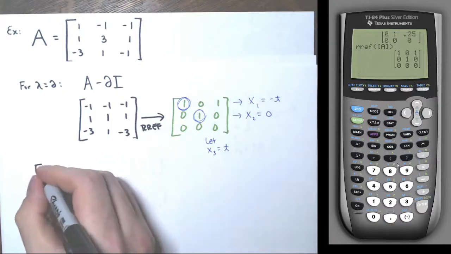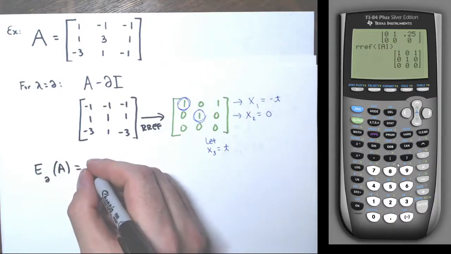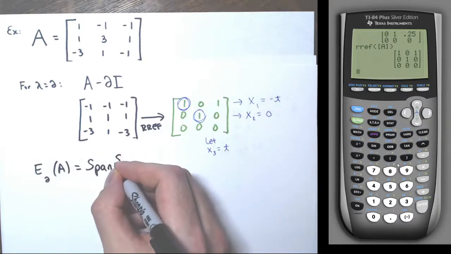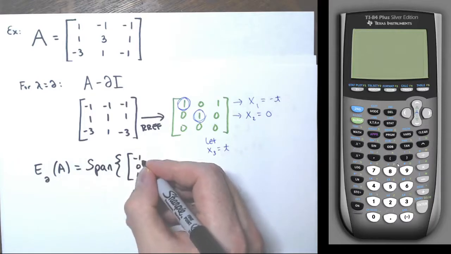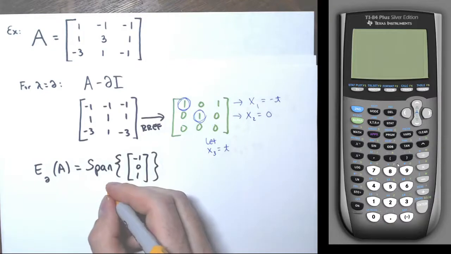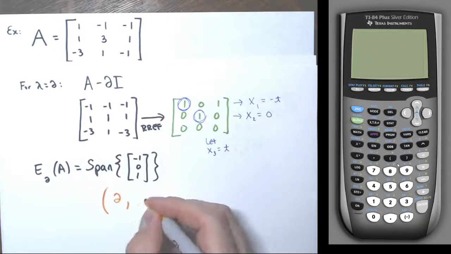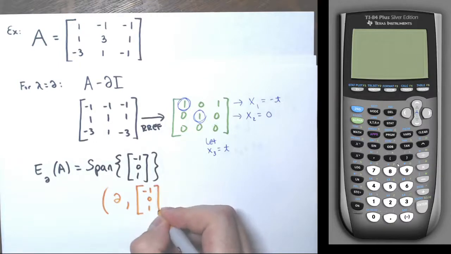The eigenspace of A corresponding to +2 for lambda is going to be the span of the set with the vector -1, 0, 1. All right, so I'll write our eigenpair that we're using here, +2 for the eigenvalue, and the eigenvector -1, 0, 1.